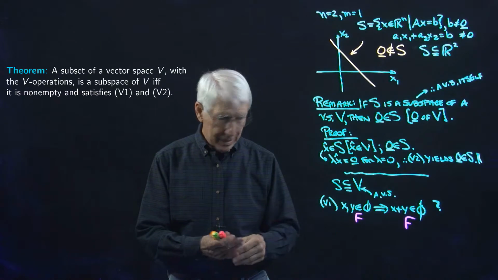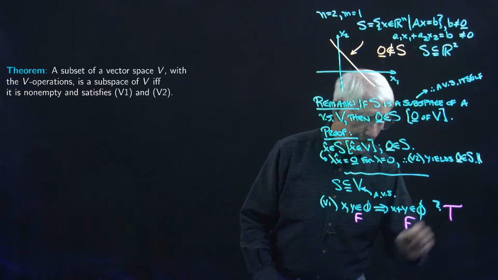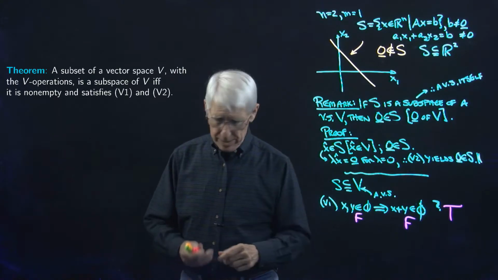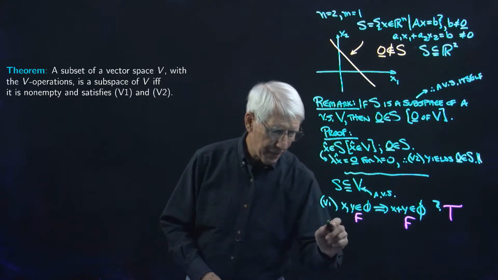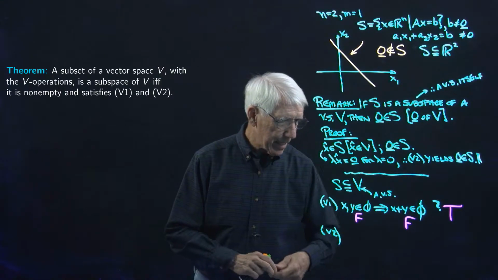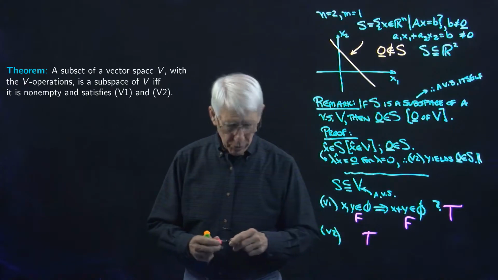So that means that the empty set satisfies V1, and the empty set, of course, satisfies V2 as well. I won't write all that out, but the empty set satisfies V2 as well.